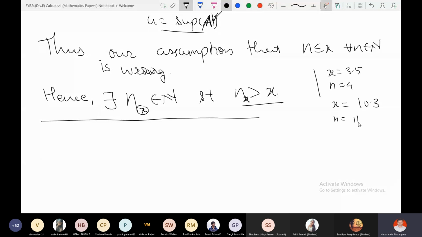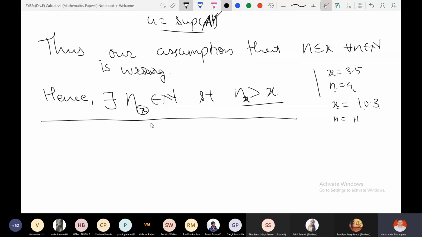I should select 11 or 12, whatever. But n equal to 4 is not suitable if x is equal to 10.3. So if your x is larger, n must be larger. So n depends on x. Otherwise, this n suffix x doesn't make any sense. Just there is a natural number greater than x. That's important.